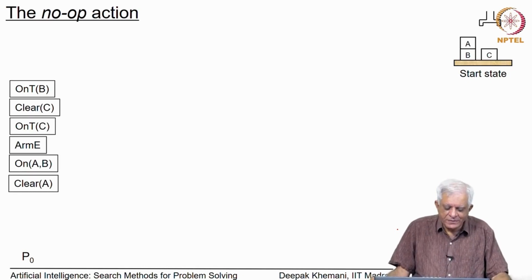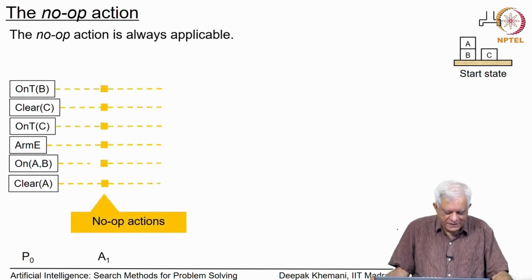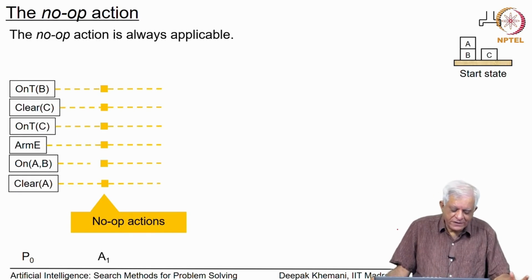So, there is no operator there, and the no-op action is always applicable, and for every proposition in a planning layer of your planning graph, you can include a no-op action.